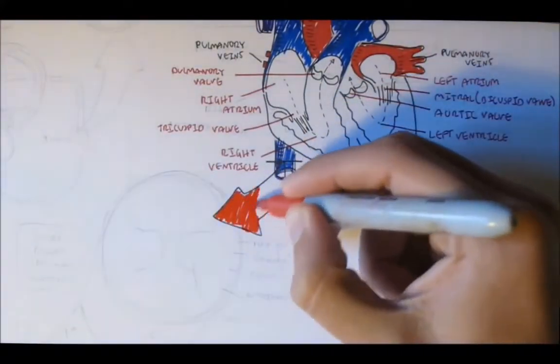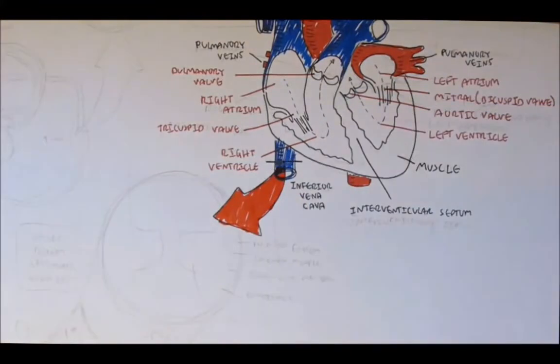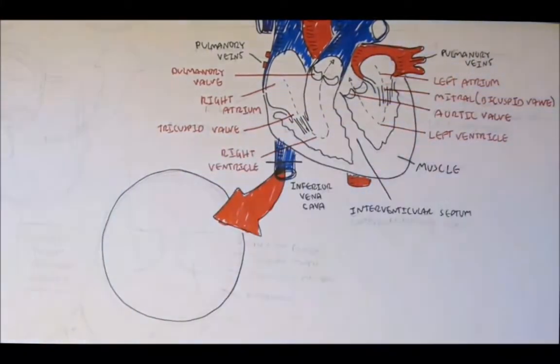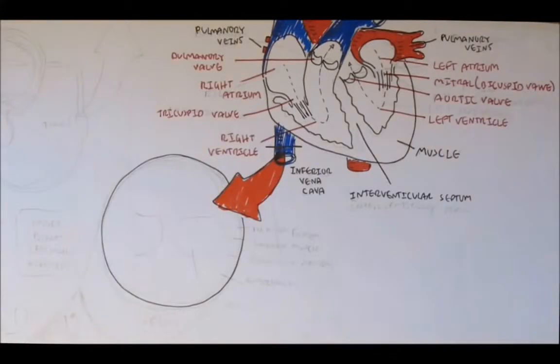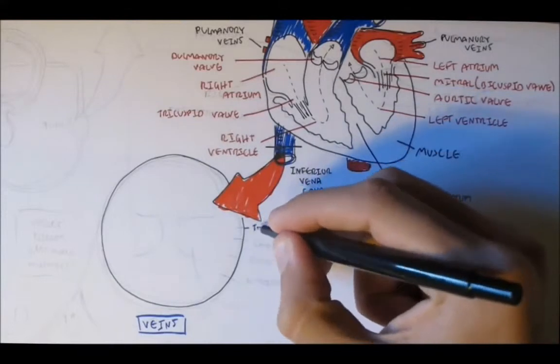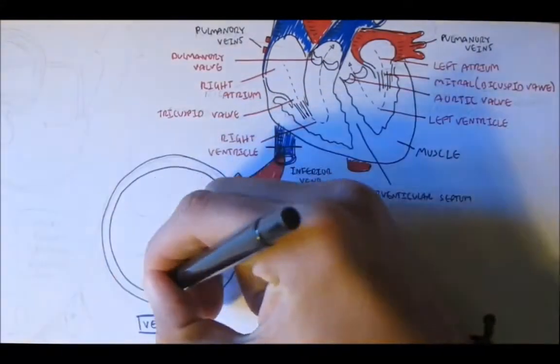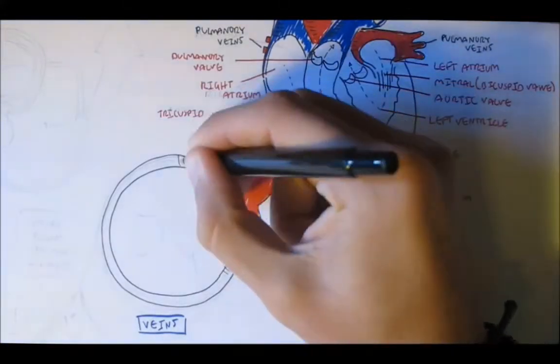The veins, on the other hand, are not elastic and not as muscly. From the outside layer, it consists also of the tunica externa, which is composed of collagen fibers. Actually, it can consist of a thick collagen fiber layer.